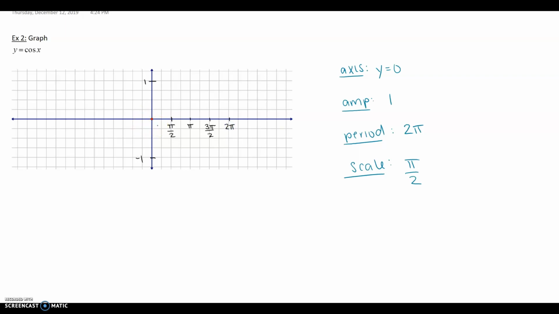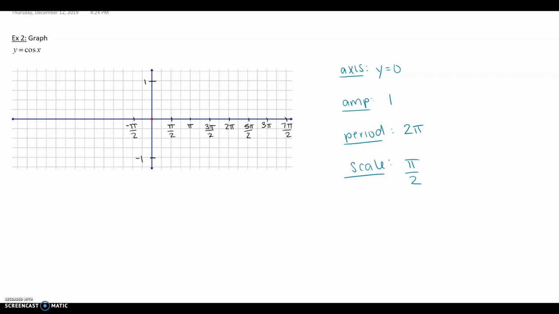And we could keep going if we want. So at 3 pi over 2, so 5 pi over 2, 6 pi over 2, 7 pi over 2. And then just for the interest of time, I'm going to stop. So I'm going to go back to my graph.